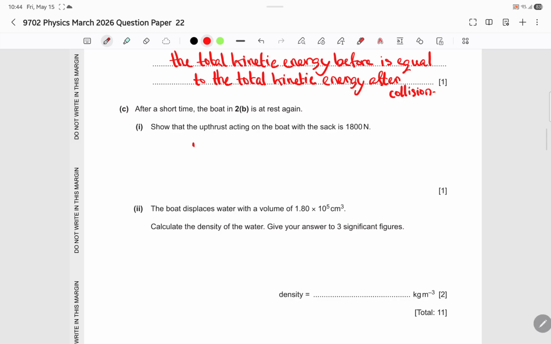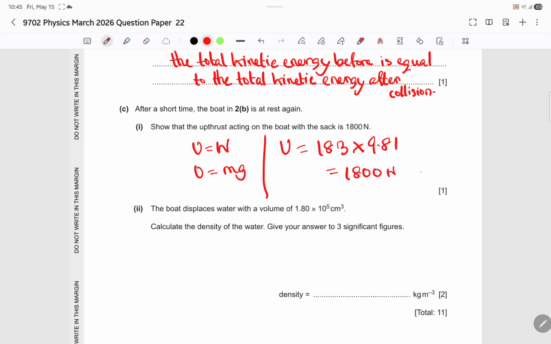So upthrust is equal to mg, because that's the formula for weight. Hence, upthrust is 183, which is the total mass, into 9.81, which comes out to be 1800. Very simple. Shown.